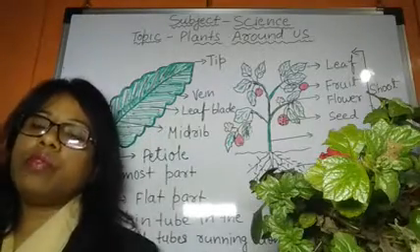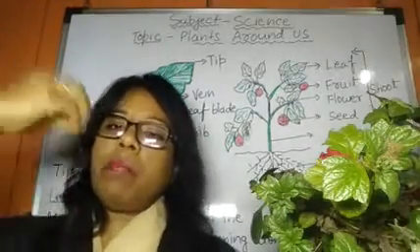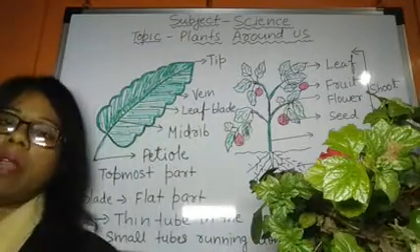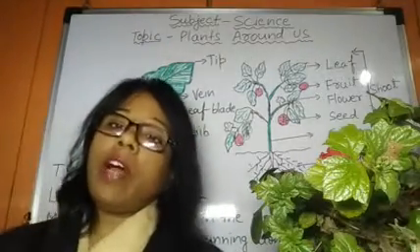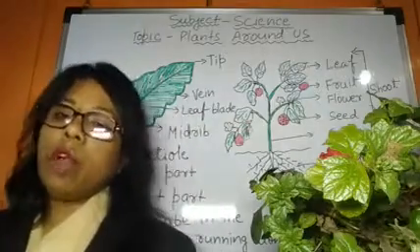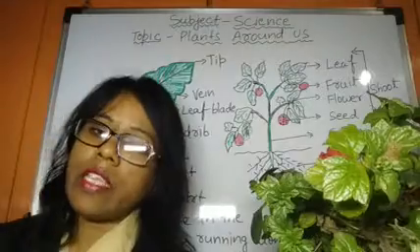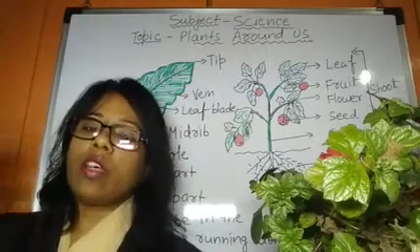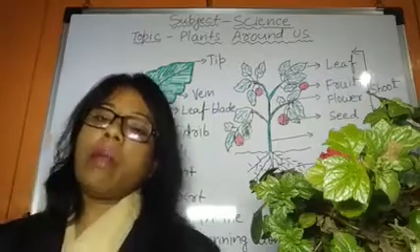When the leaf makes food, then with the help of the stem, it goes to all parts of the plant and the plant survives. And when a plant makes food, that process is called photosynthesis, and during photosynthesis, excess water and oxygen exit from the plant.